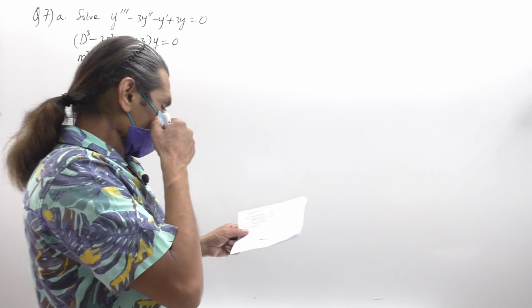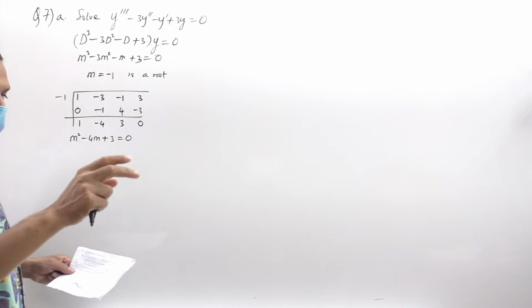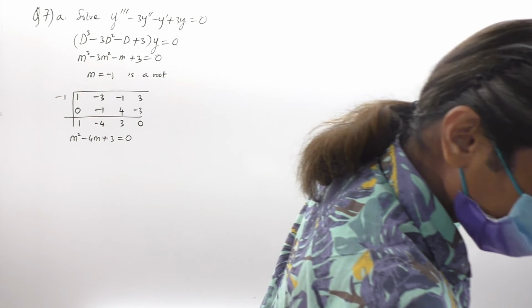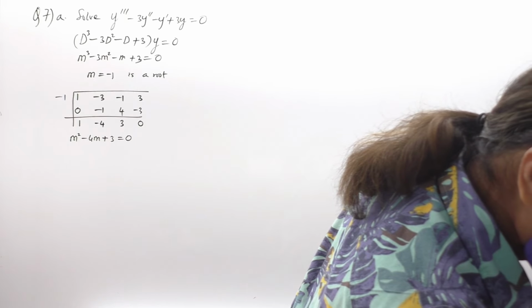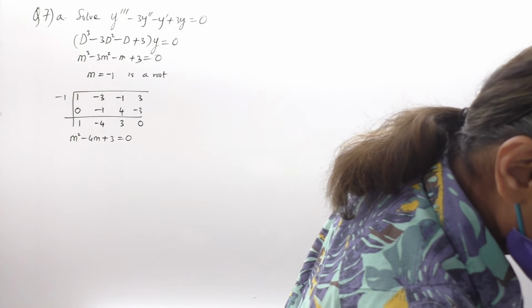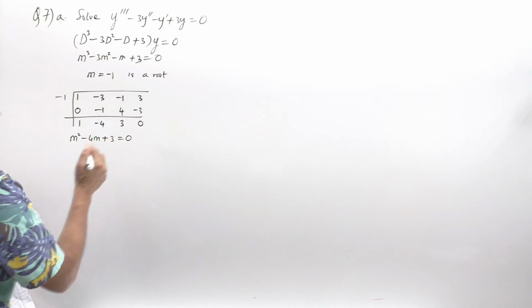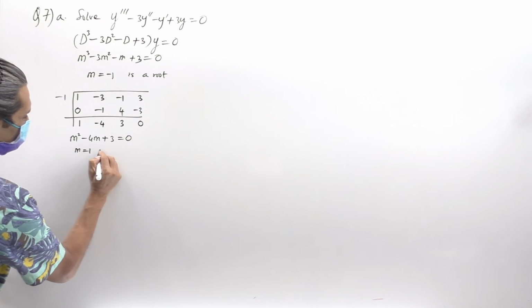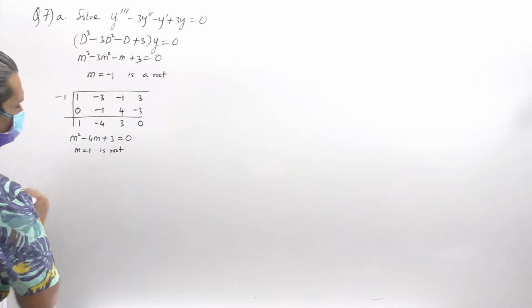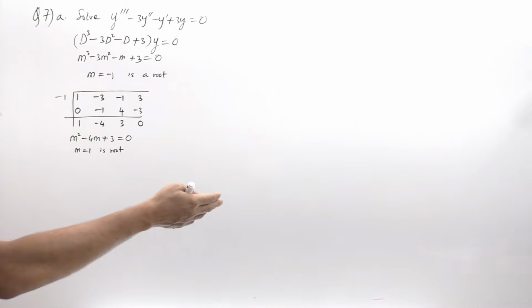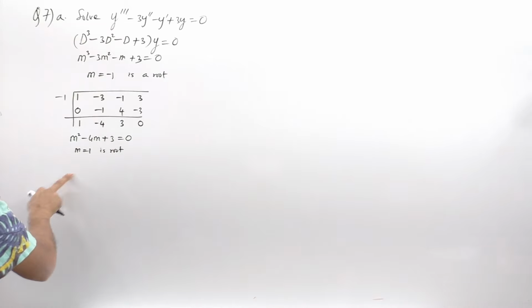As I told you, in the calculator we found the roots as minus 1, 3 and 1. I will select one more root: m is equal to 1 is also a root. Or you can factorize it also, but I will do it like this for the steps.